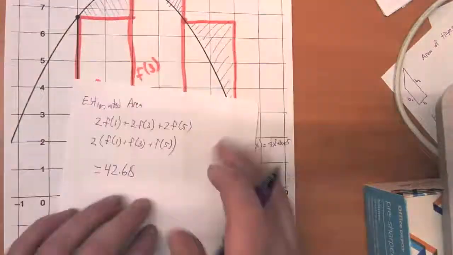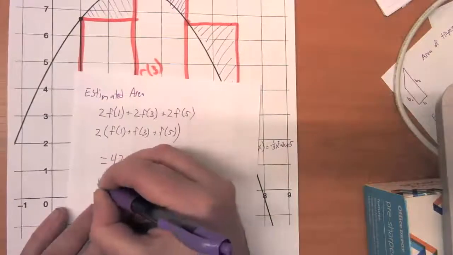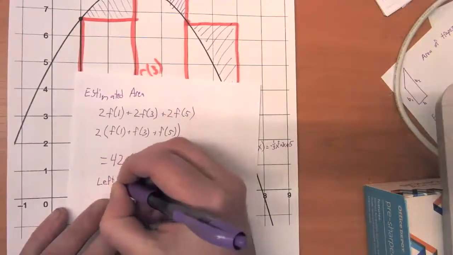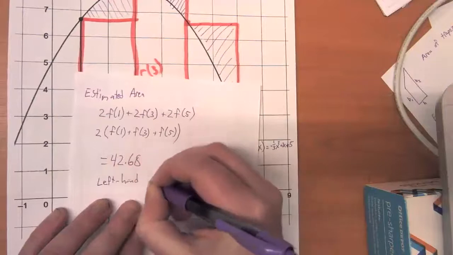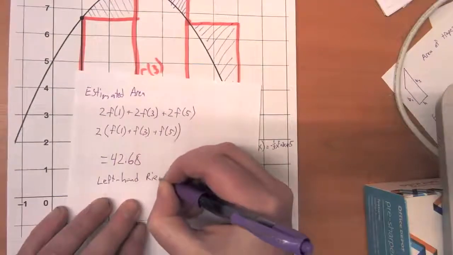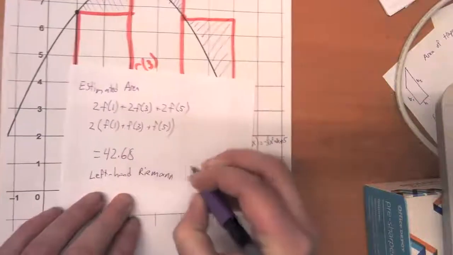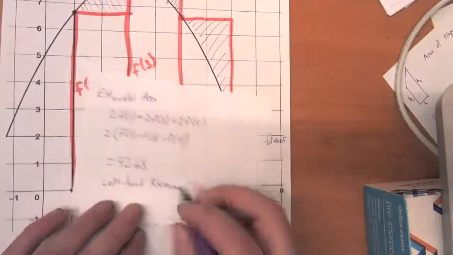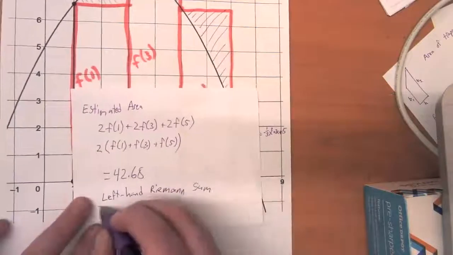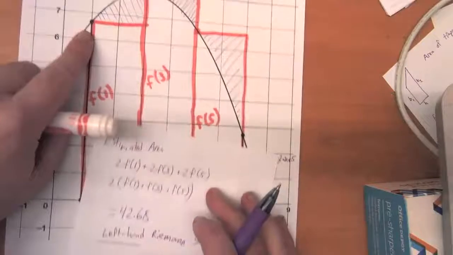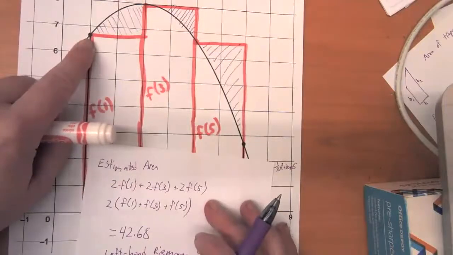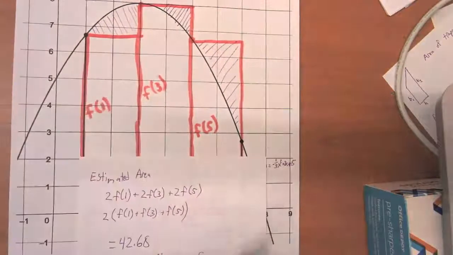What I'm going to call this is a left-hand Riemann sum. Okay, and this is called a left-hand because we're using the upper left corner of the rectangle to determine the height of the rectangles I'm using as an estimate.